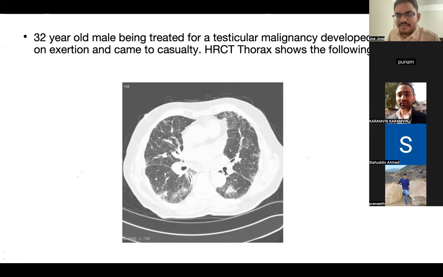For this particular case, suppose the patient has grade 2 bleomycin toxicity. How will you manage this patient? We give supportive management. Steroid is one of the drugs we use to treat, and try to avoid oxygen, sir. Okay, so you got the concept right.